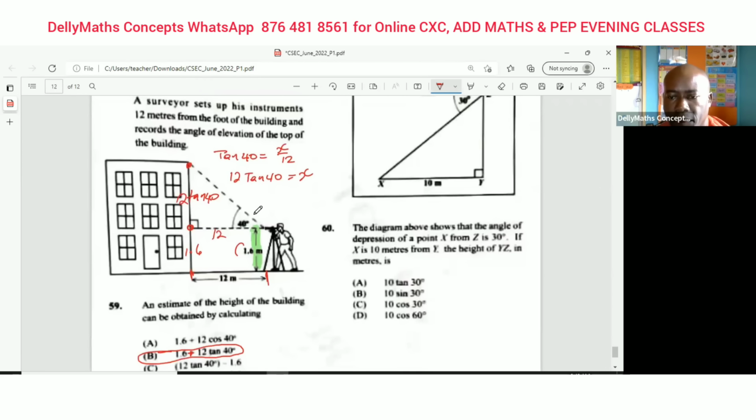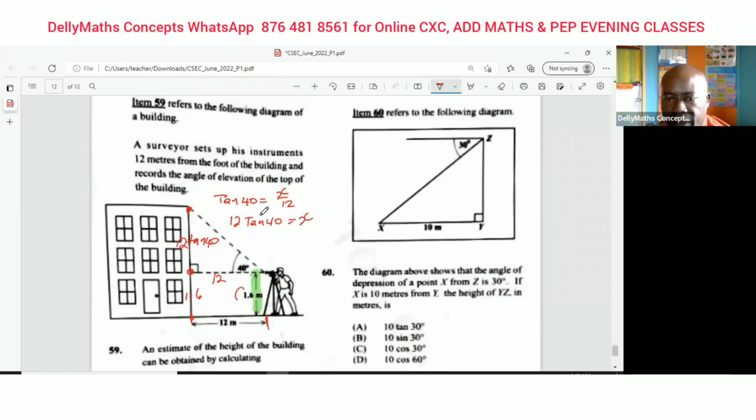Last question. It says the diagram above shows the angle of depression of x from z is 30. If x is 10 meters from y, find the height of yz. Technically, this angle here, 30, would be equal to the 30 down there.